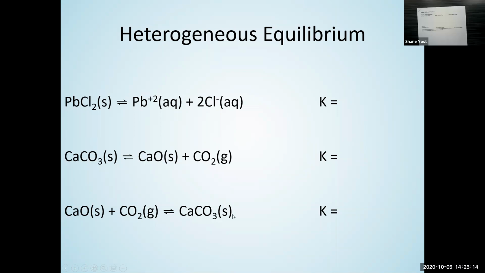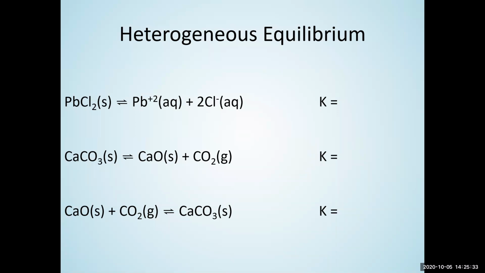CaCO3 is a solid, so it doesn't appear. So no products appear, so it's just 1 for the products, and then in the denominator are your reactants, and the reactant here that's not a solid or a liquid is just CO2 gas. Okay, thank you. It ends up being 1 over CO2 gas.